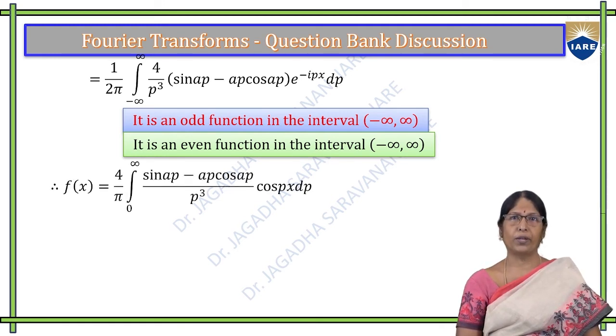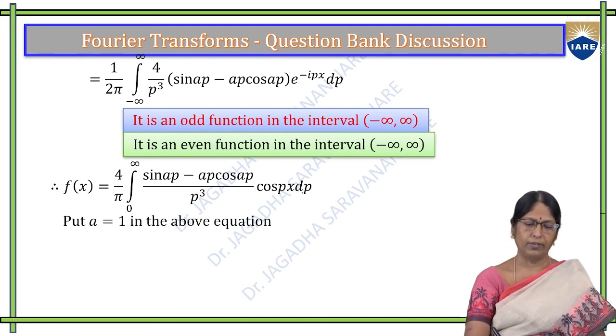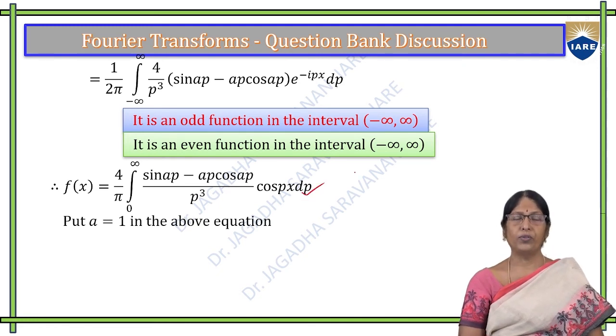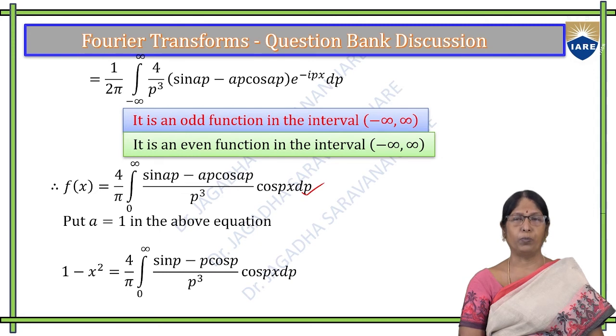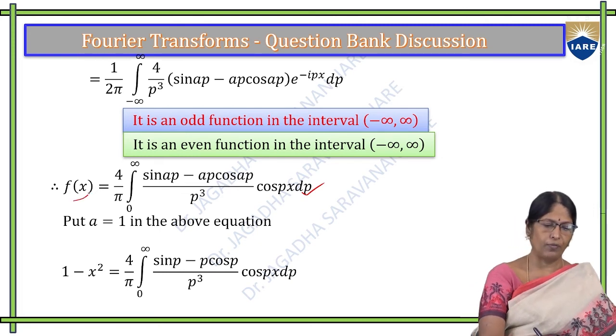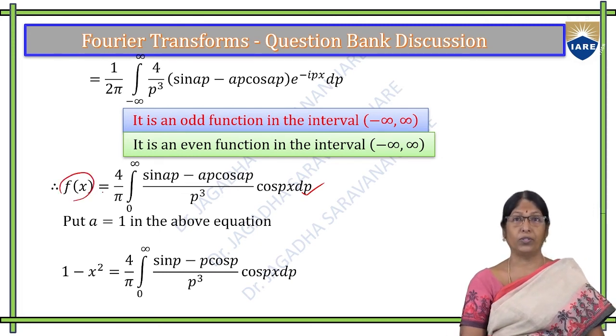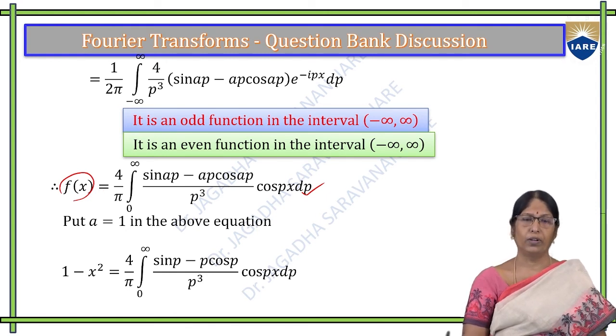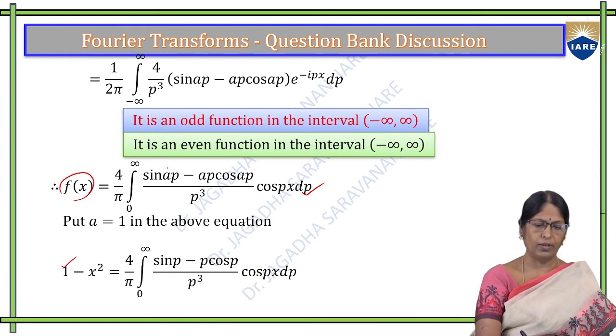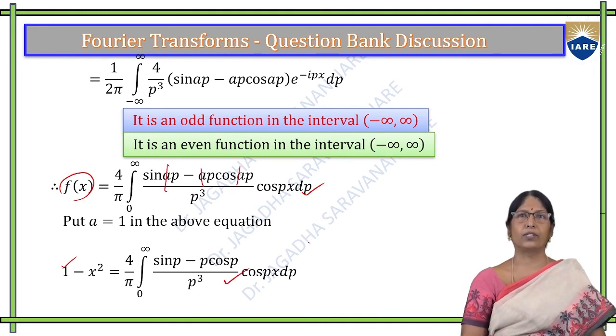Using those concepts, we obtain this result, in which wherever there is a, we put 1. This is f of x, which is the function given in our equation, a square minus x square. So we are putting a equal to 1 here, also 1, 1, 1. Then this is the result we obtained.